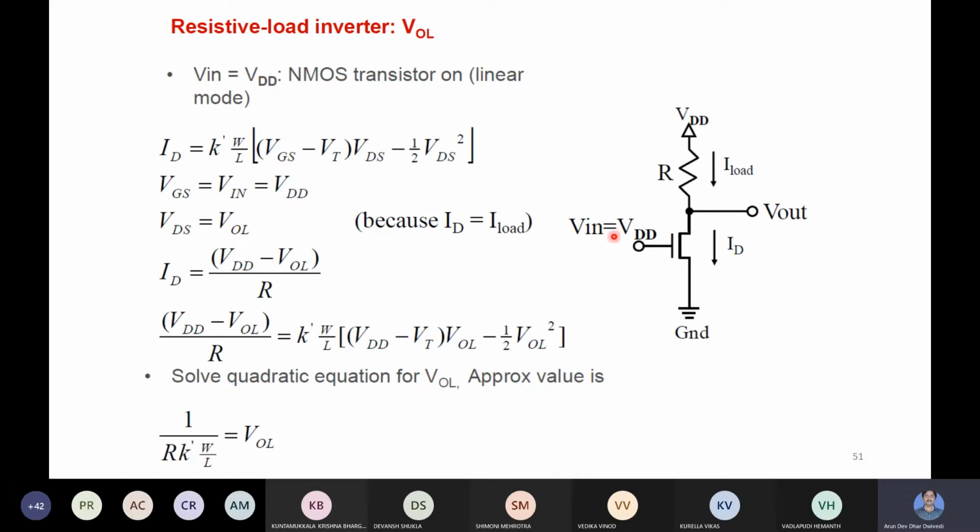When you are applying a high input, in this case we are trying to solve the current equation for the transistor.